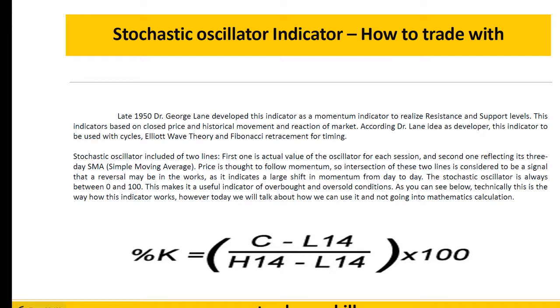This indicator includes two lines between 1 and 100, where near above 80 and under 20 it can show the market is overbought or oversold. You can use this opportunity to buy or to sell. However, it's not the only way to understand it, and you have to use it with other indicators. For example, today we're going to teach you how you can use this indicator with the moving average to realize when you have to enter the market and stuff like that.